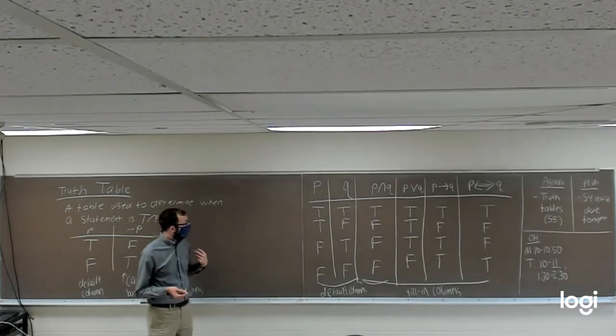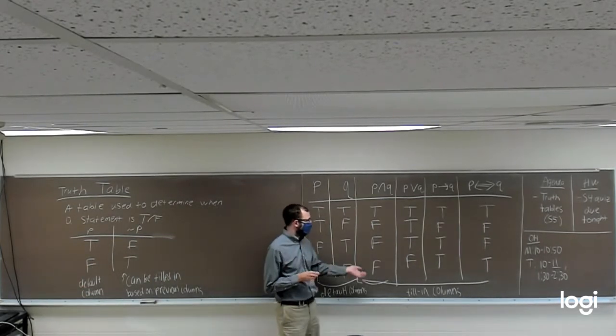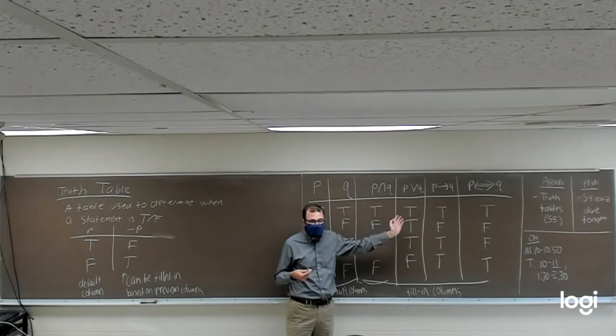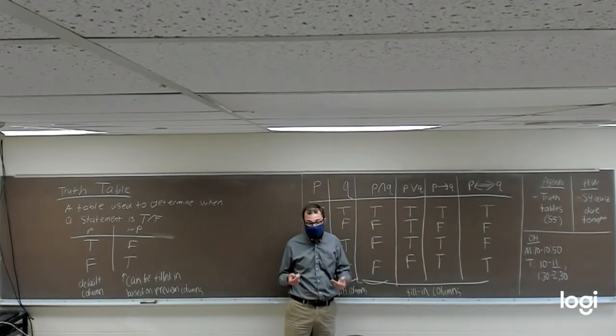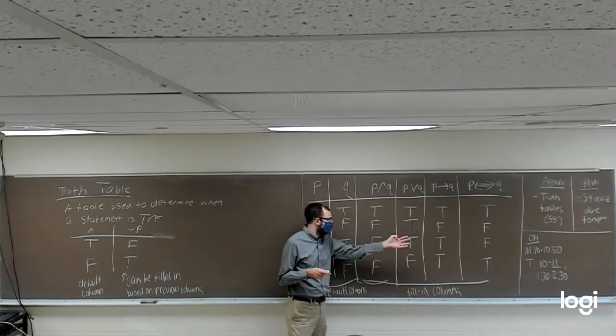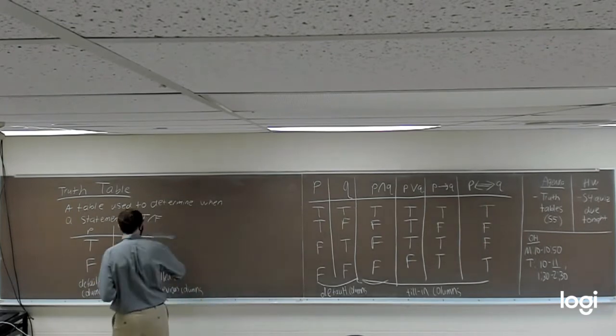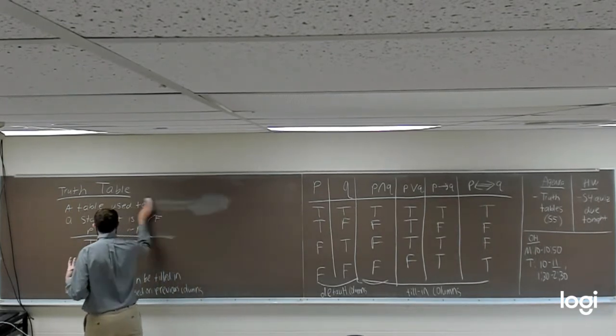Also, the real reason we construct these truth tables is because of this fact. If you have two columns that end up being exactly the same, that's going to tell us that the corresponding statements are logically equivalent. Let's write that down.